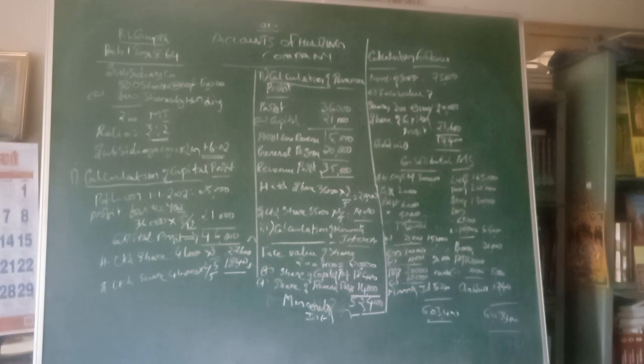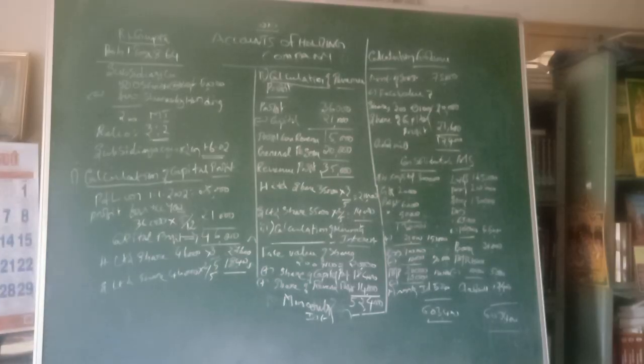H Limited invested 75,000 for the purchase of the subsidiary. From that we subtract the face value of the shares, 300 into 100, which is 30,000, then the share of capital profit of H Limited, 27,600.